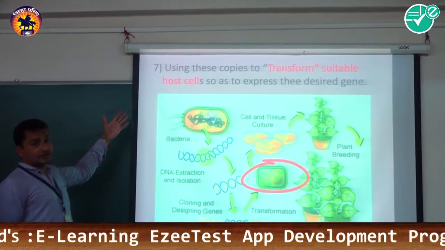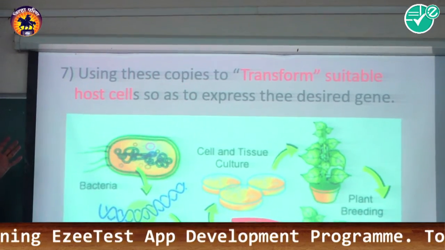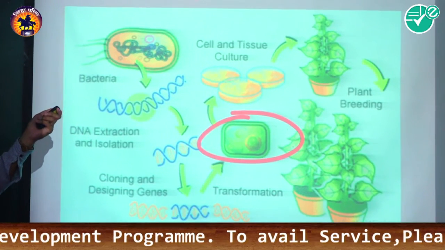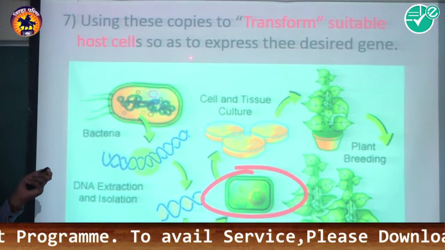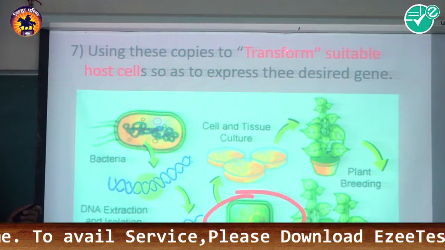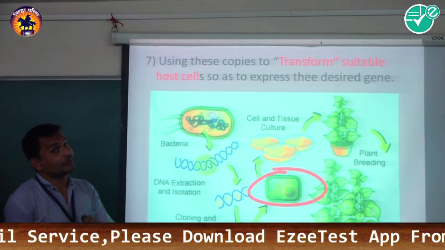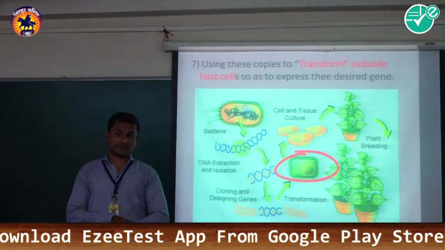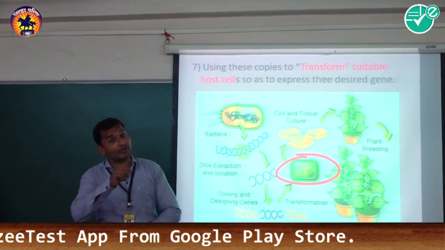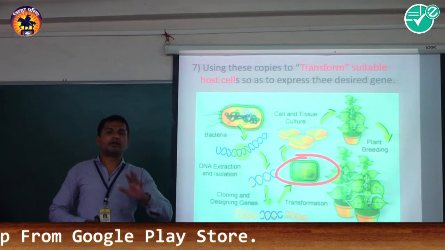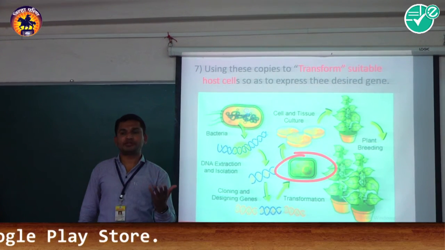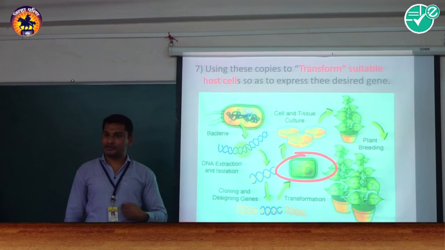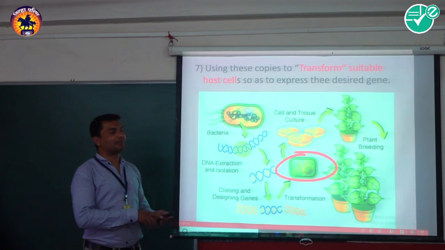In this stage of recombinant DNA technology, out of those copies we use only one copy for transforming into a suitable host cell. It depends on which type of gene we have. If the desired gene is a nitrogen-fixing gene, we choose a plant.